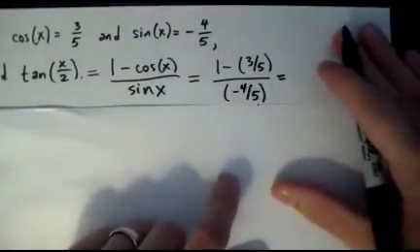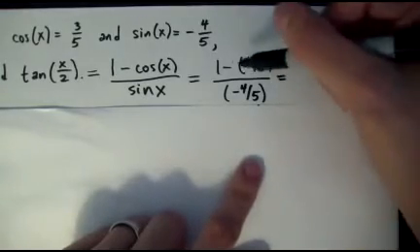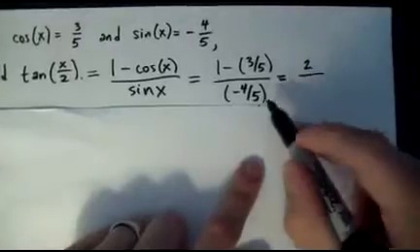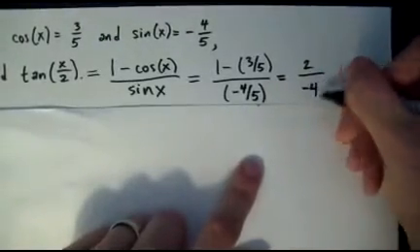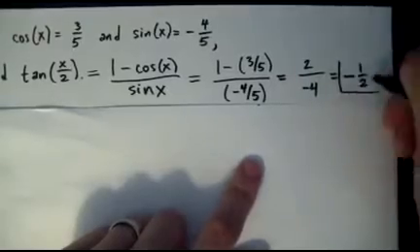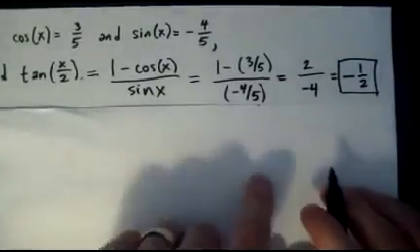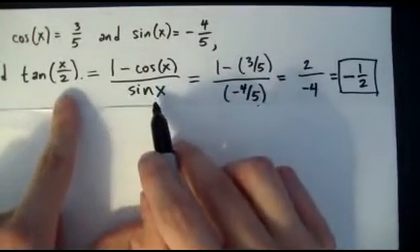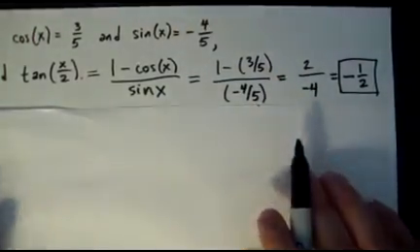And now just multiplying top and bottom by 5 to clear the denominators, we're going to get 5 minus 3 on top, which is 2. And clearing the 5 on the bottom, we get minus 4. And simplifying, we get minus 1/2. And so there's not too much to it. If you know cosine of x and sine x, you can figure out what tan of x over 2 is without too much trouble.